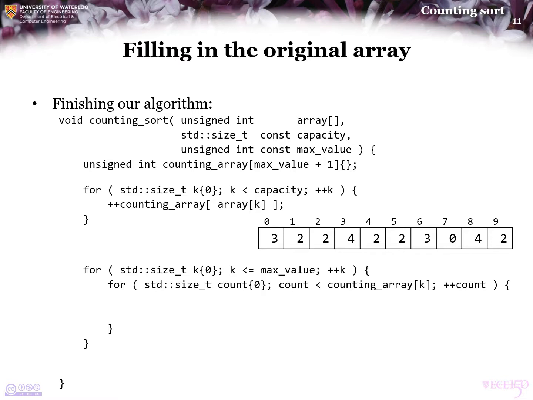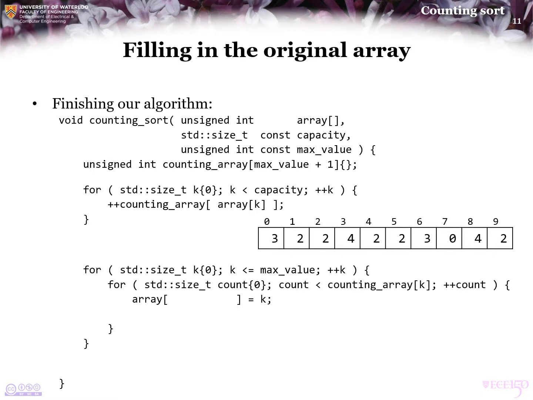When k is equal to 0, this inner loop will run from 0 to whatever value is stored in counting array at index 0. Specifically, it will run from 0, 1, and 2, so it will run 3 times. Then with the next iteration of the outside loop, k is equal to 1. So the inner loop will run from 0 up until but not including counting array entry 1, which is 2. So that loop will run twice.